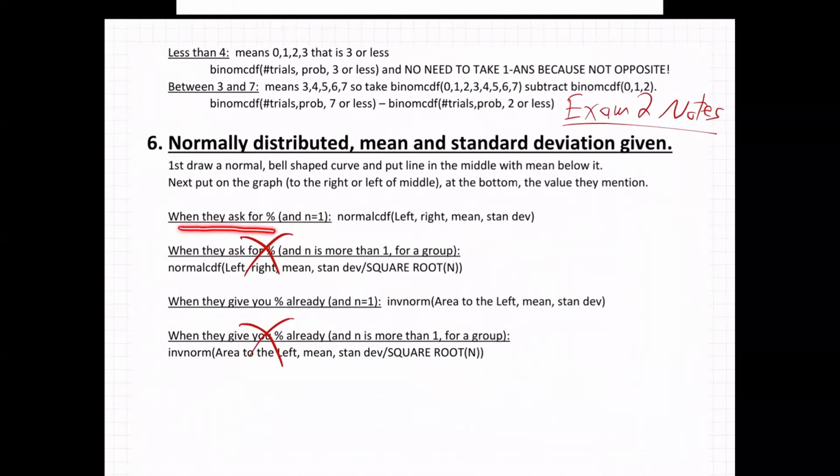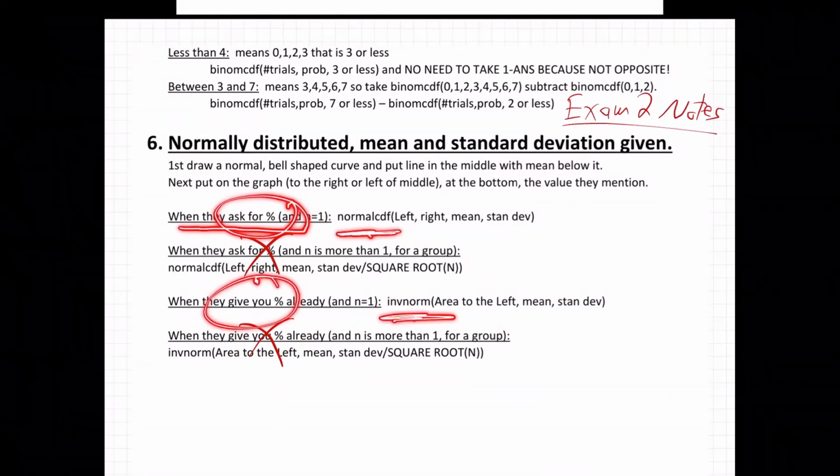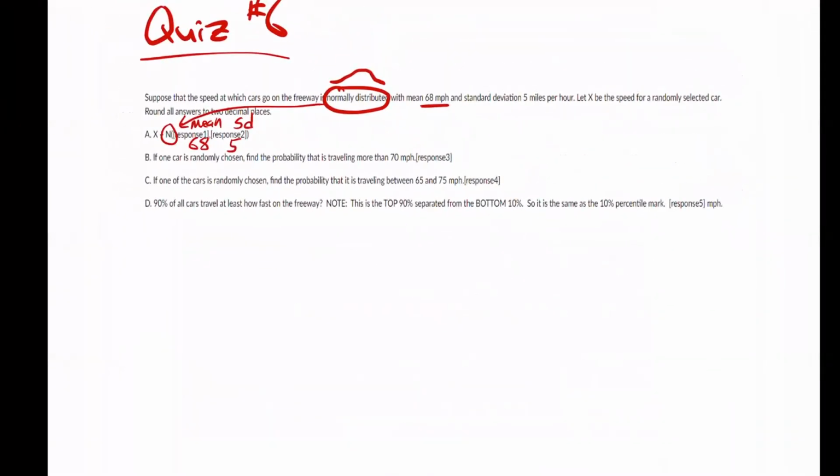So first up, they're either asking for a percentage or giving you a percentage. That's the key that helps you know whether you're going to do normal CDF on the calculator or inverse norm on the calculator. Are they asking you for a percentage or giving you a percentage? Let's go see. On question B, one car is randomly chosen. Find the probability. That's a percentage, right?